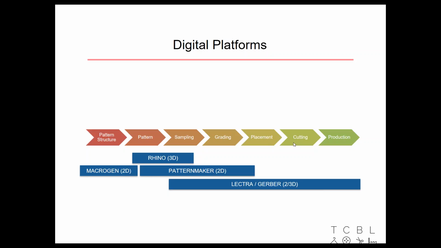Lectra, I know, makes cutting machines that from the same software will cut out the pieces, and then it manages production with the numbers on the pieces and so on. It goes into all of the more industrial processes of buying stock, managing production, and so on.